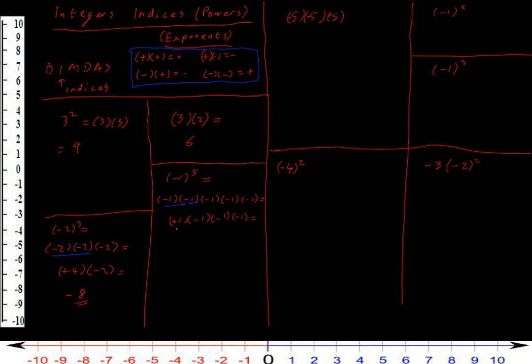And then I'm going to multiply my left hand 2 numbers again. So I have plus 1 multiplied by minus 1. Plus by minus is minus. 1 by 1 is 1. And I'm left with my 2 minus 1s here. Then I'm going to multiply my two minus 1s here on the left.